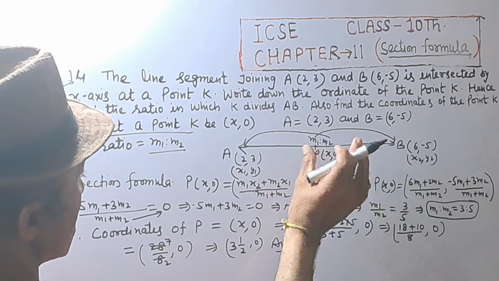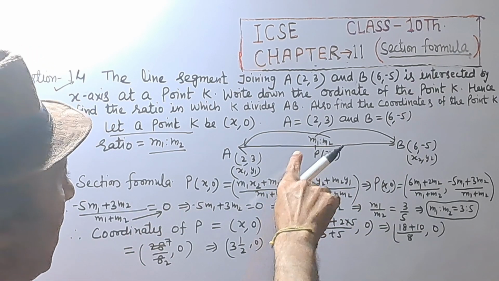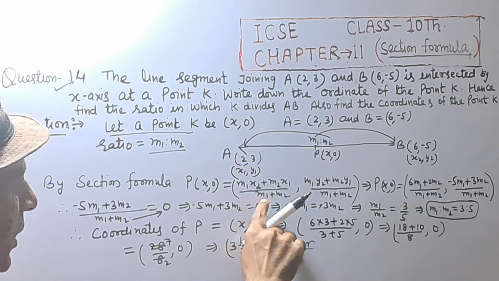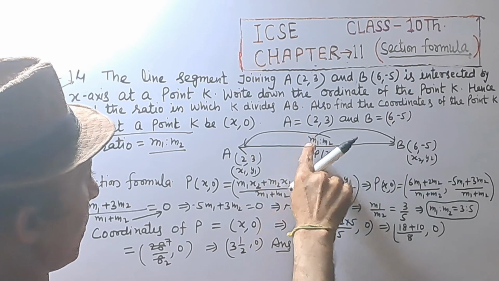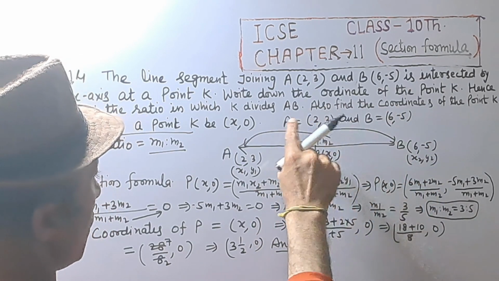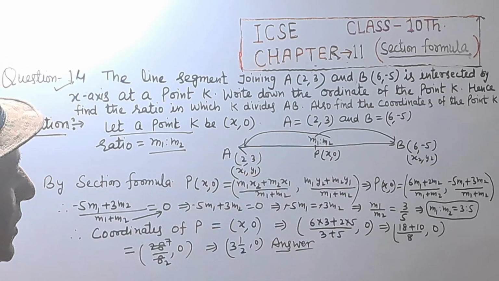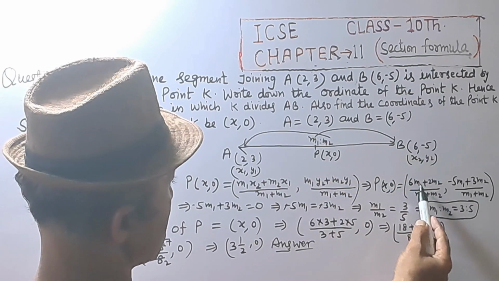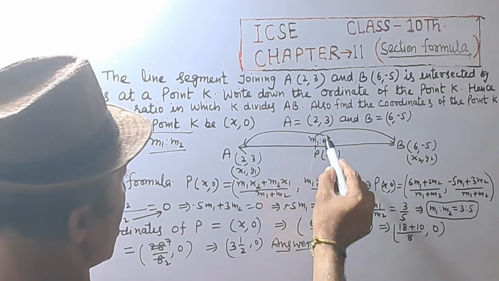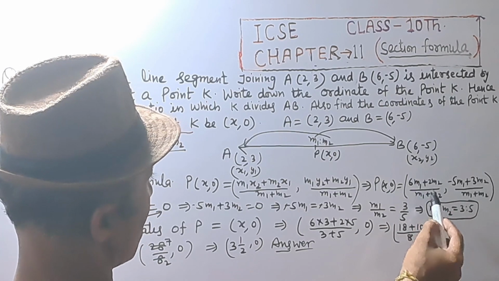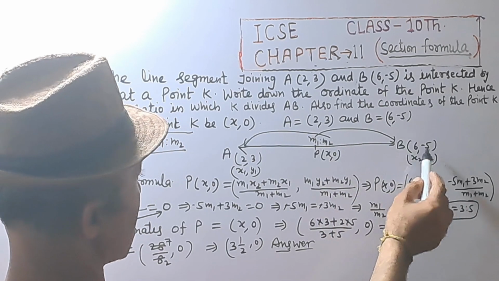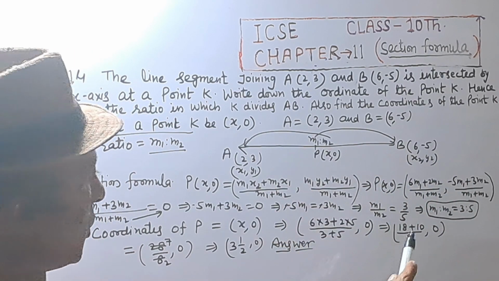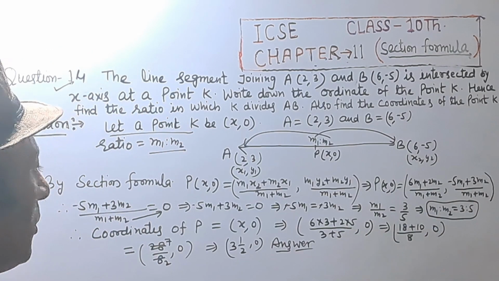Point P, that is (x, 0), is equal to (M1 x2 plus M2 x1) upon (M1 plus M2), comma, (M1 y2 plus M2 y1) upon (M1 plus M2). 6 into M1, that is 6 M1 plus 2 M2 upon M1 plus M2, comma -5 M1 plus 3 M2 upon M1 plus M2.